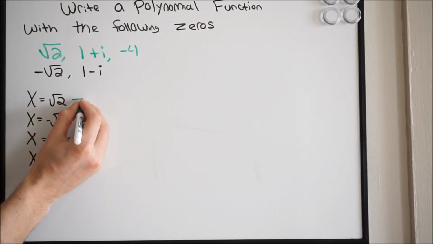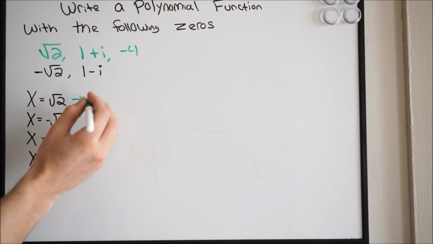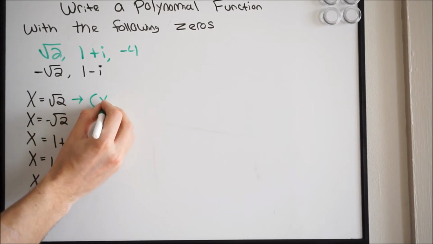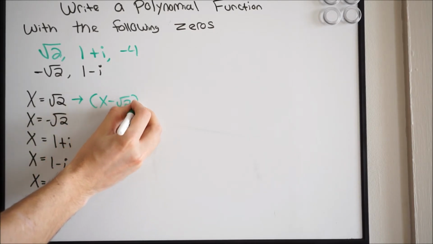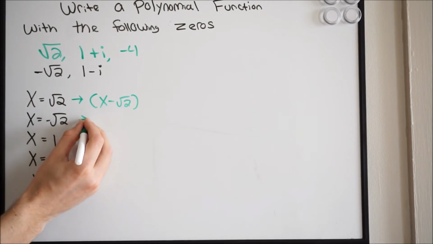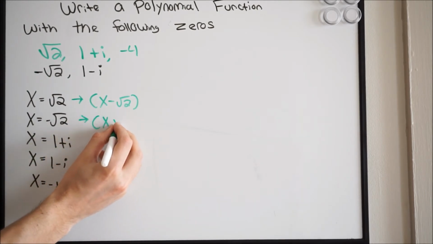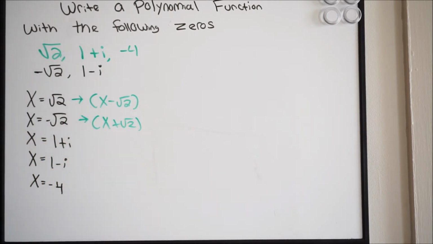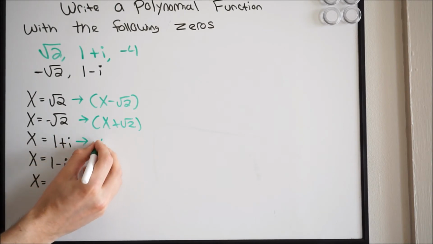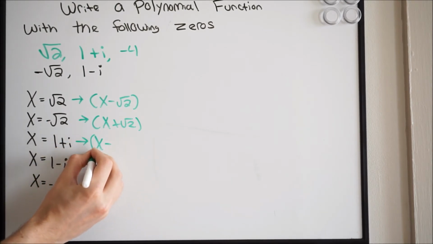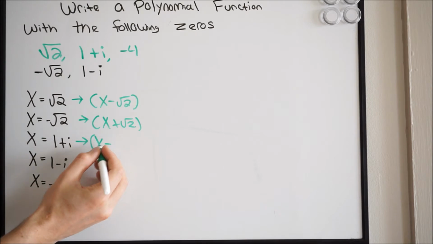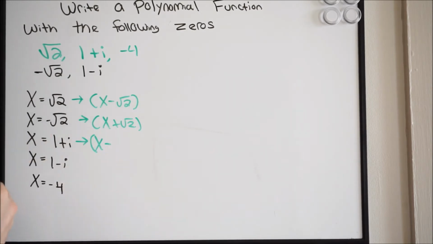So we put these back into factored form, and when we do that, we now get x minus the square root of 2, x plus the square root of 2, okay, this will be x minus, and I'm going to put this in parentheses, okay, that way there's no confusion with the signs.